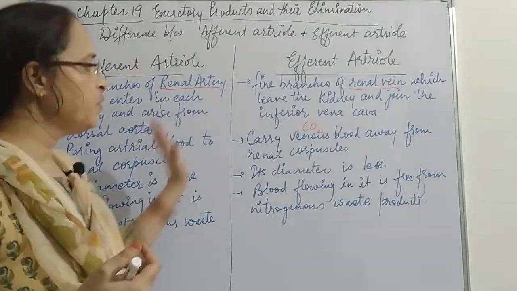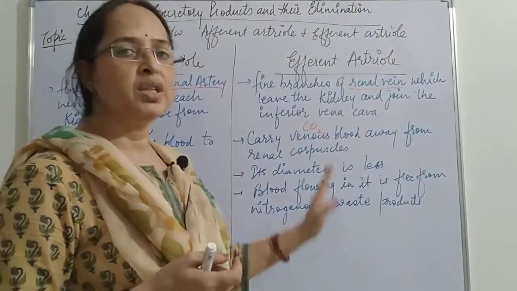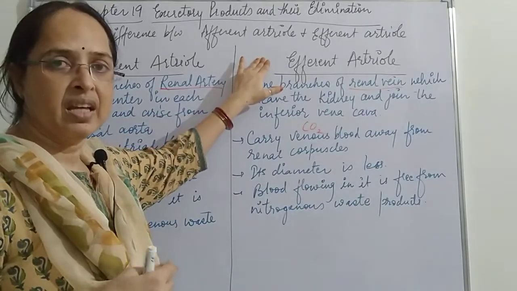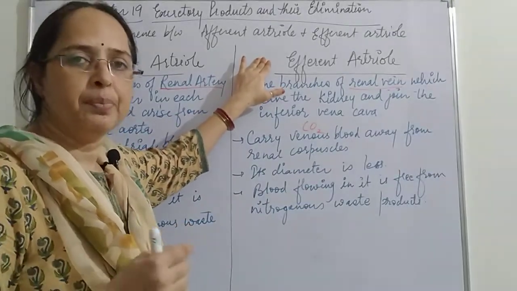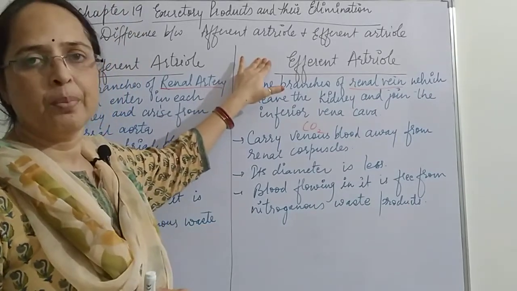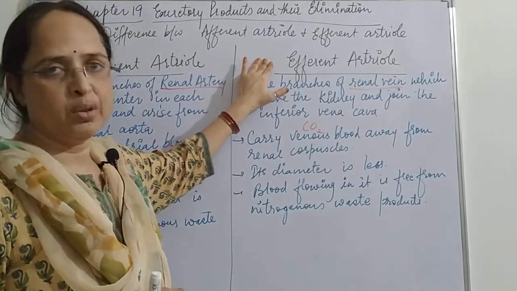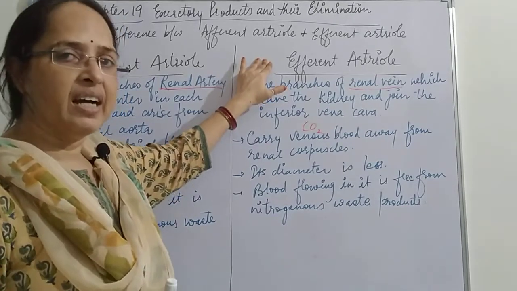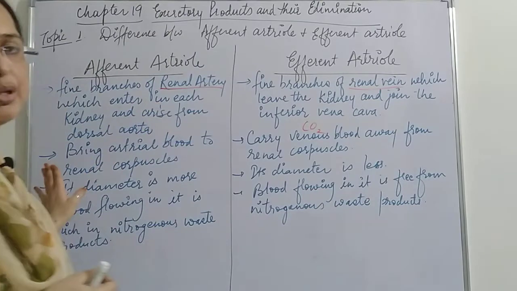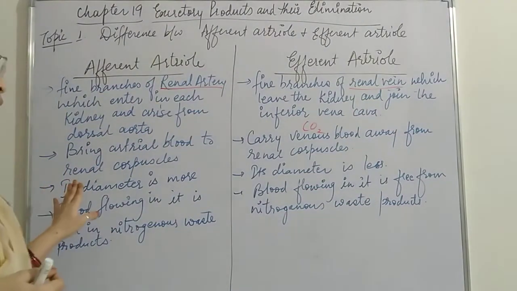But after filtration, when the blood enters the efferent arteriole, the volume of blood decreases, and to maintain the blood pressure, the diameter of the efferent arteriole also becomes less. That's why we say the diameter of the efferent arteriole is less and that of the afferent arteriole is more.